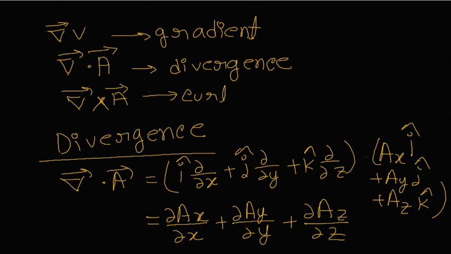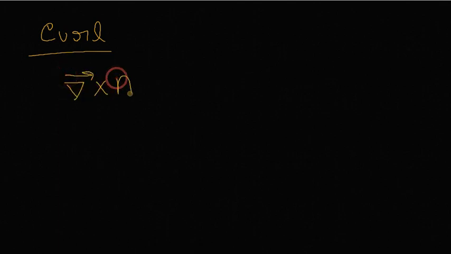Now take a look at the curl. For curl, we know the curl is del cross any vector, and we can write the curl in determinant form.